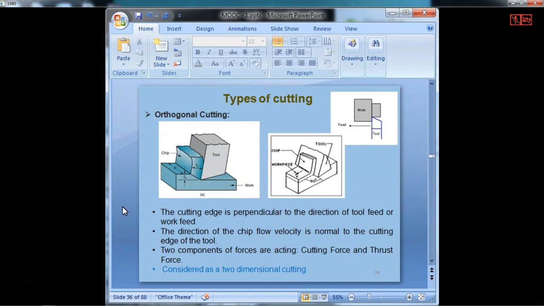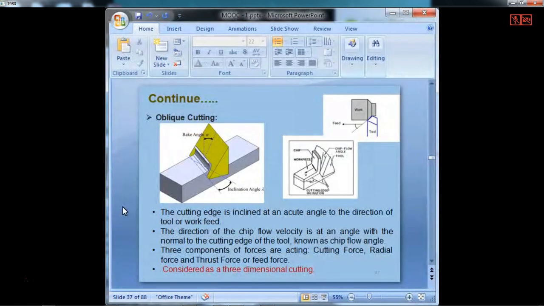But you need to understand a fact here. No cutting process is completely 100% orthogonal cutting. Even when you look at turning, when you take the tool angles into consideration, and also the tool nose radius, the contact angle, all those things, it is not 100% orthogonal cutting.